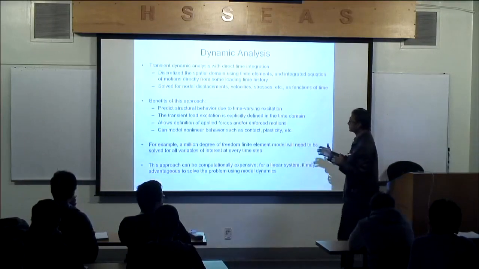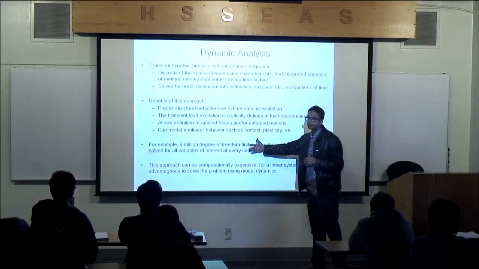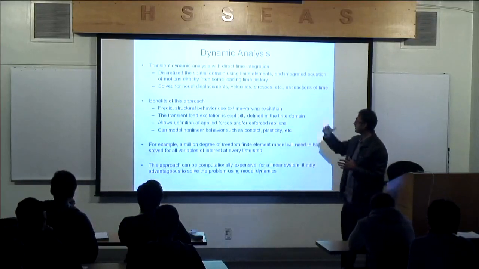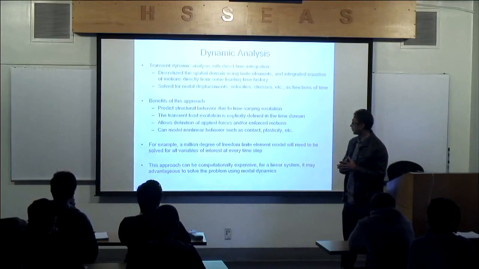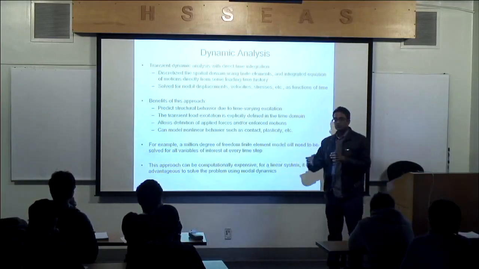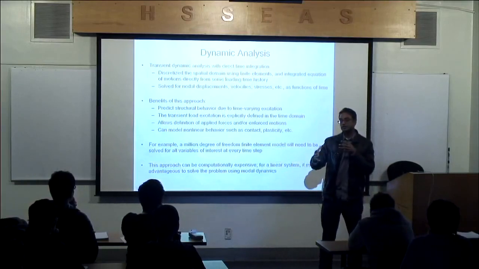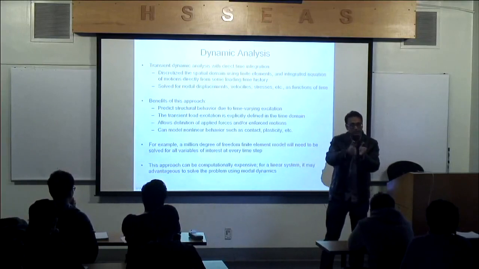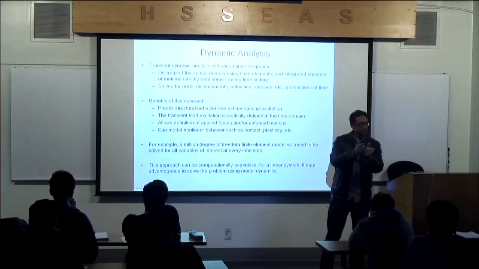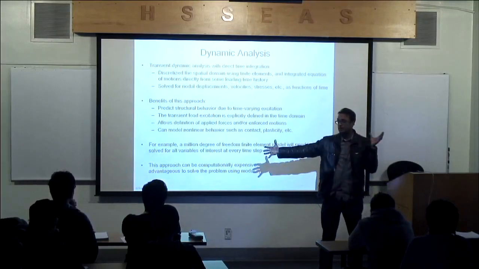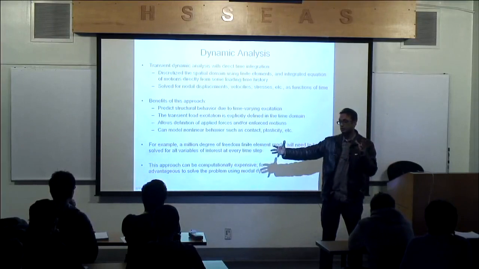But if I wanted to tackle a million degree of freedom system from a dynamic standpoint and solve these equations, we will need to solve these millions of degrees of freedom not only once, like you do in a static problem, but we're going to have to solve it for every single time increment, every 1e minus 5, like what we did last week. Well, that's computationally expensive because I have to do that over the complete time domain.